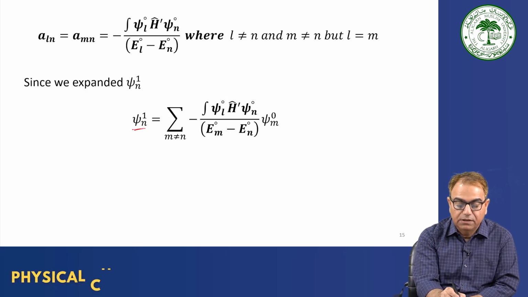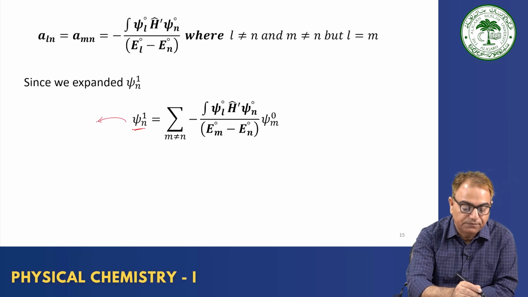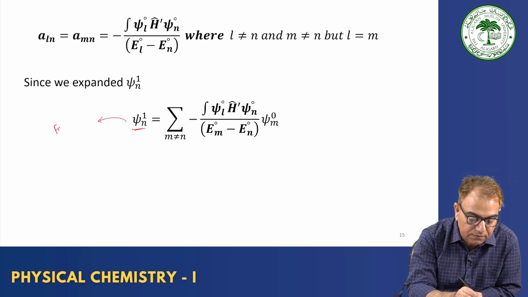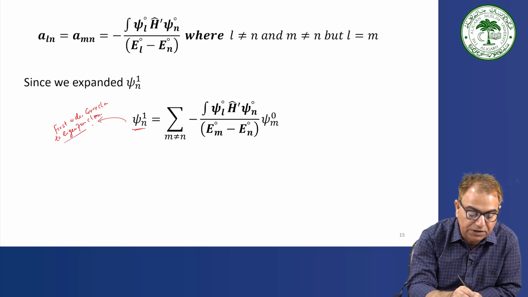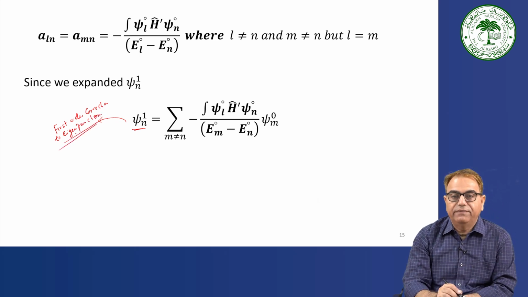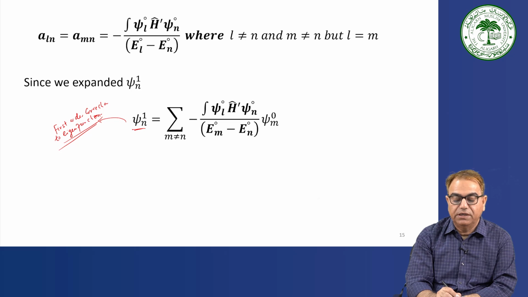What is this? This is the first order correction to the eigenfunction. So on the previous slide we got the first order correction to energy, and here we have got the first order correction to the wave function or eigenfunction.